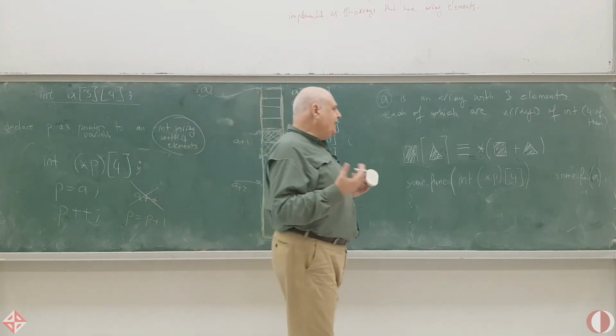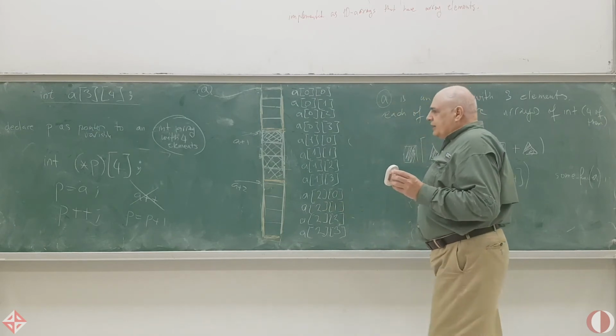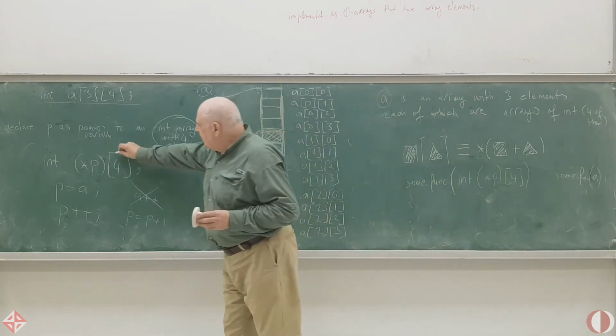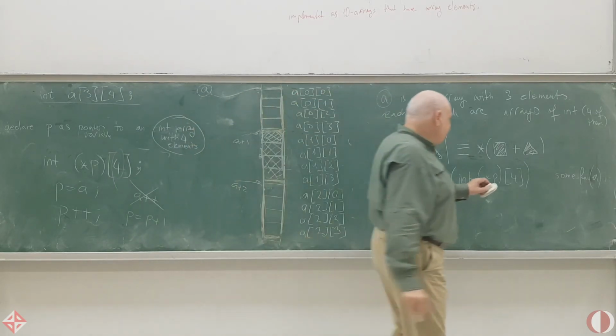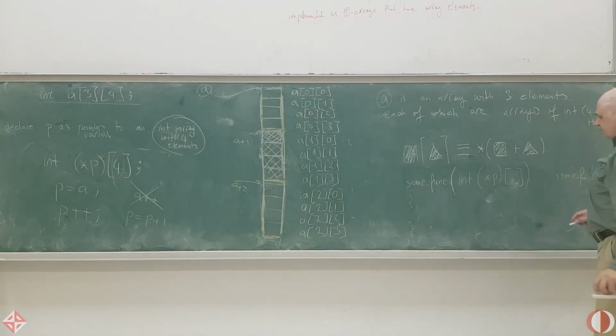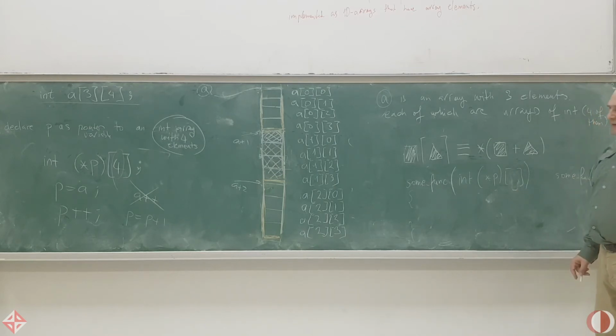How will you send it down? You need a variable in here. Can I have something like this? And no, not in this language. This must be a constant. So what shall I do?